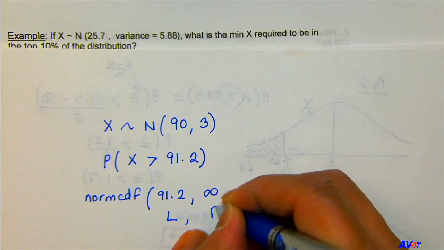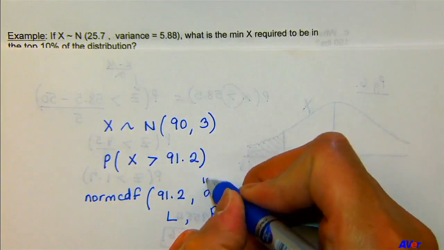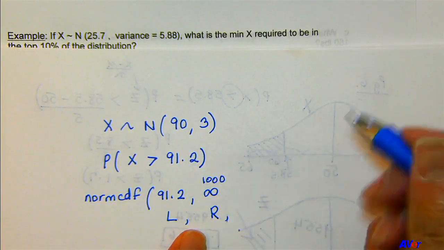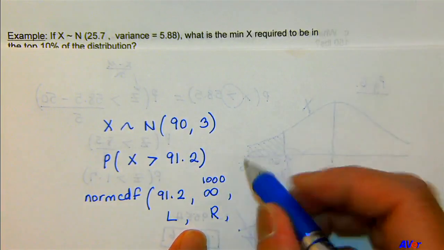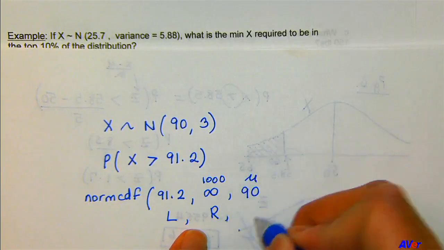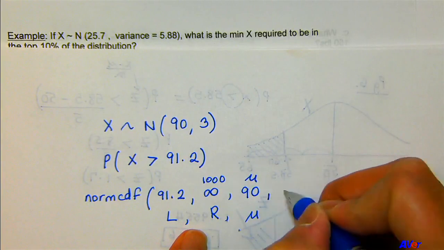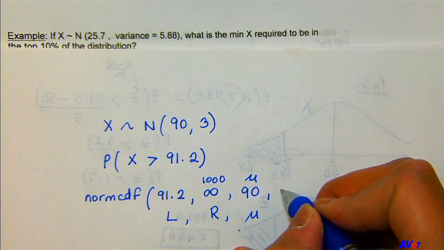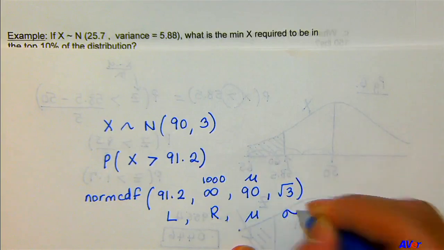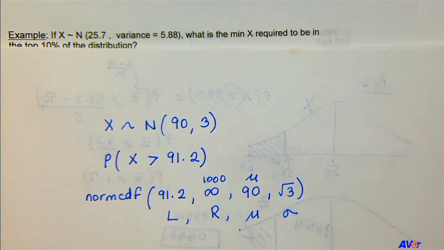So how about 1,000? That will certainly take care of it. I don't have to do any thinking there. Comma, mu. Mu is 90. Comma, sigma. What's sigma? Rad 3, exactly. That's it. Done.